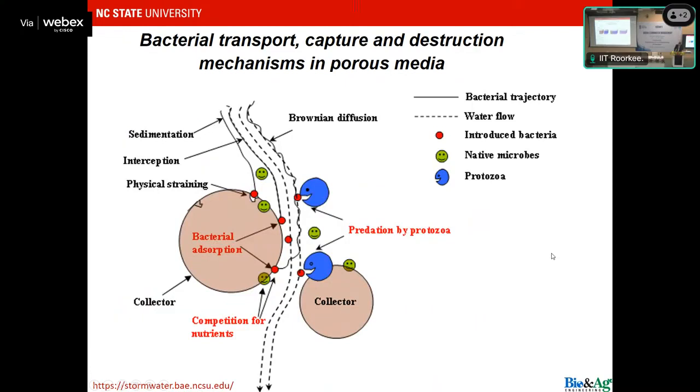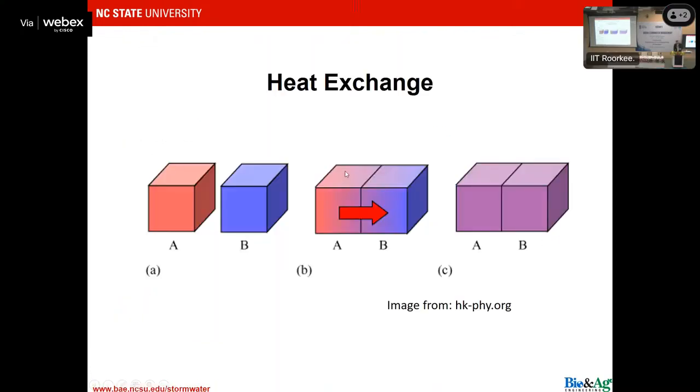All right. Heat exchange, pretty simple. Hot water, cool media. Is the water hot that runs off asphalt? Well, how hot does it get here? How hot does it get in Rookie in June? Hot. 40, 45. That's hot.